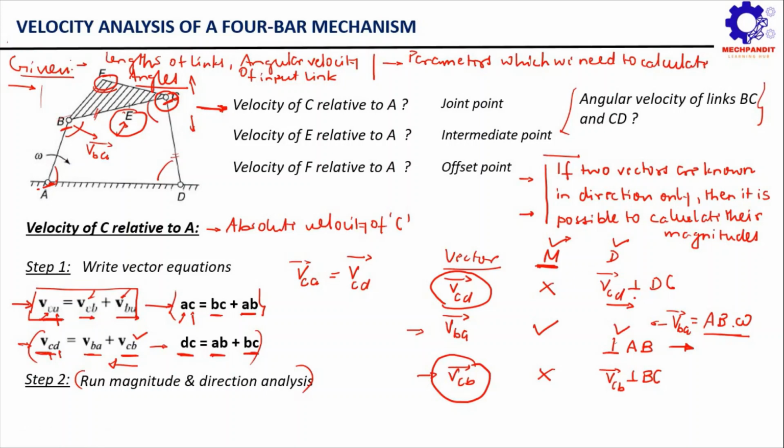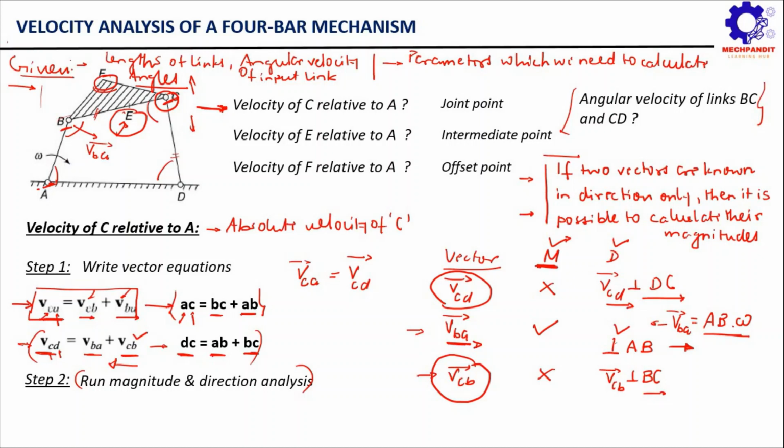We only know that the VCD vector will be perpendicular to DC and the VCB vector will be perpendicular to BC, but we don't know their magnitudes. And obviously the third vector, the VBA vector, is completely known to us. But these two vectors are known in directions only.